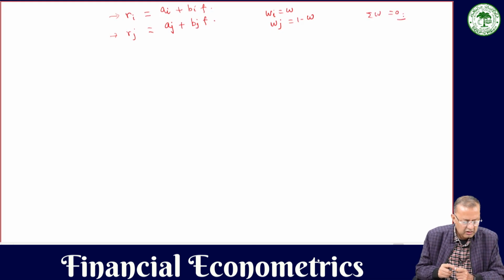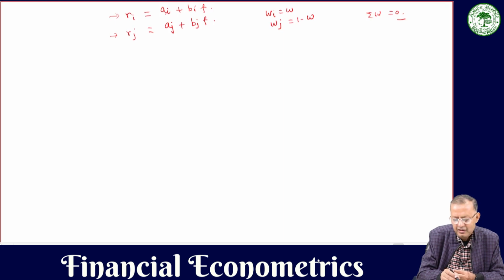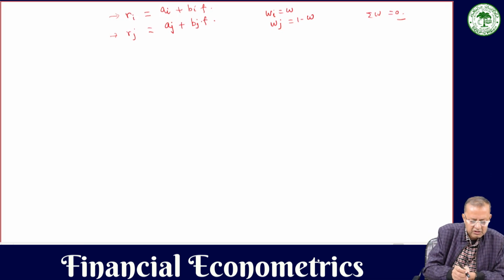Now we replace this by W Ai plus W Bi f, plus 1 minus W Aj plus 1 minus W Bj into f. So these two assets are there. So what about the mean rate of return on these two assets?